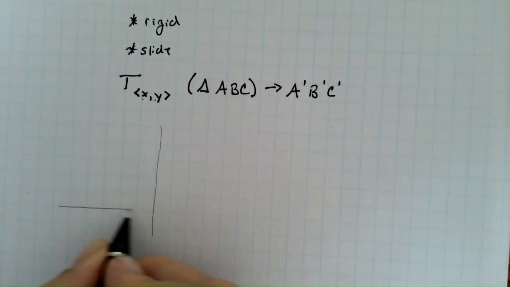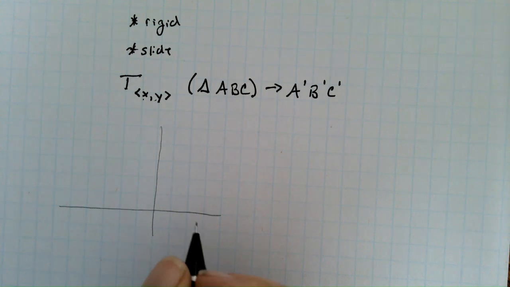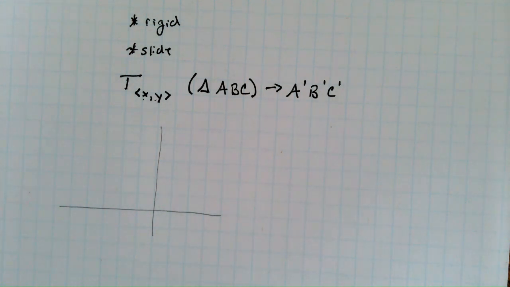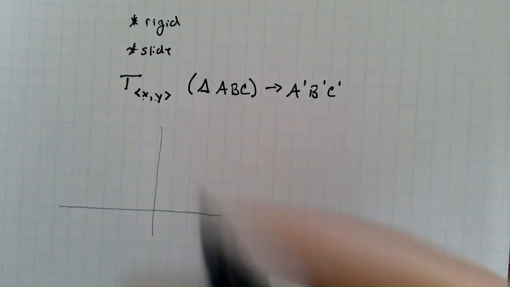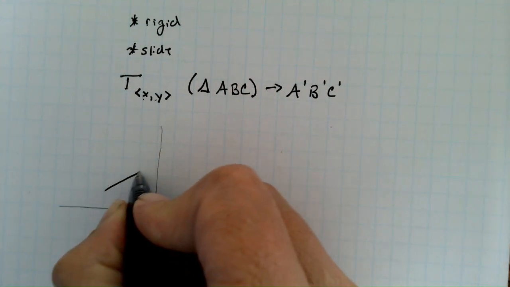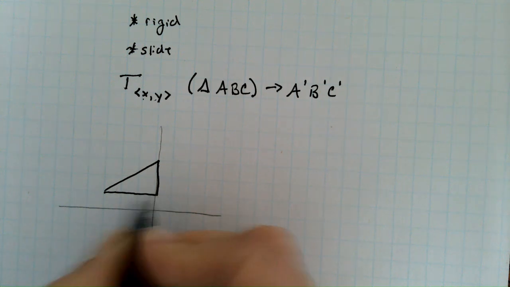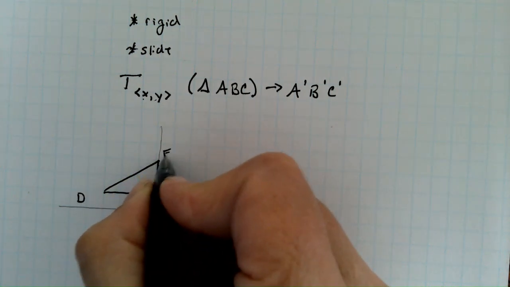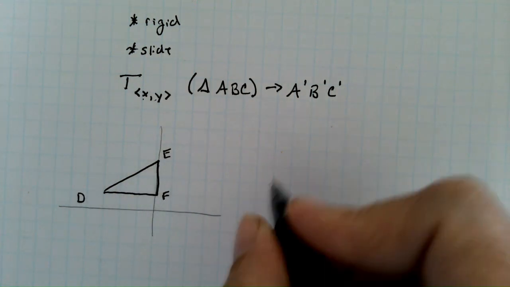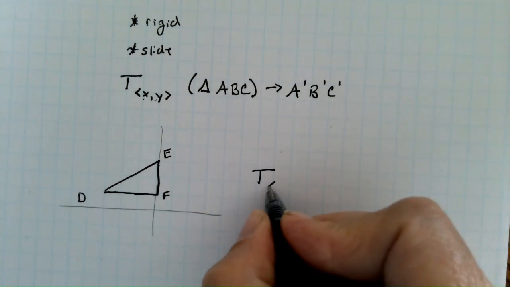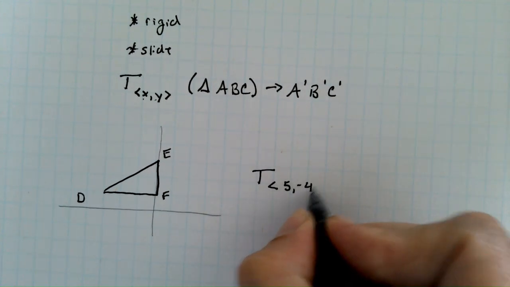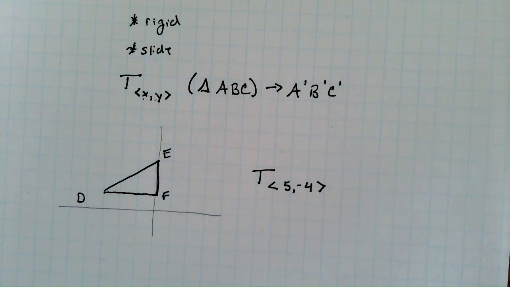So here we go. We're just going to draw a triangle DEF. And we want to go ahead and do this. Okay, so we could write down the ordered pairs and we could do this algebraically. We really could.